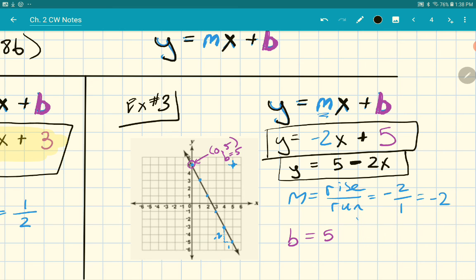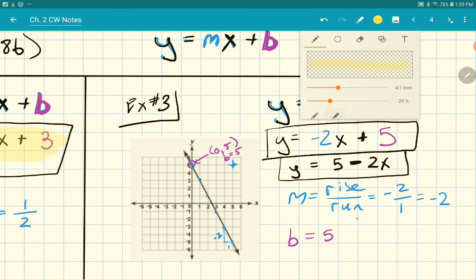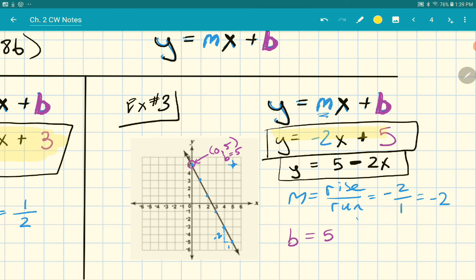So -2 is a coefficient, and 5 is a constant. So both those answers are correct. This is the y equals mx plus b form, and this is the y equals b plus mx form, which both are correct and used in different ways.